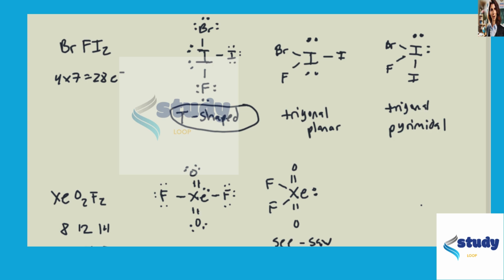If I put the electron pair in the axial position, you end up with something that looks more like this.